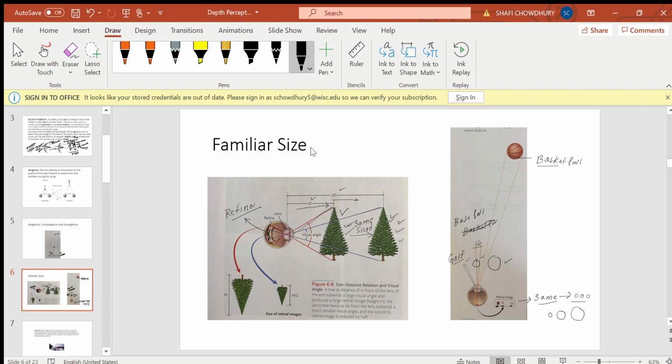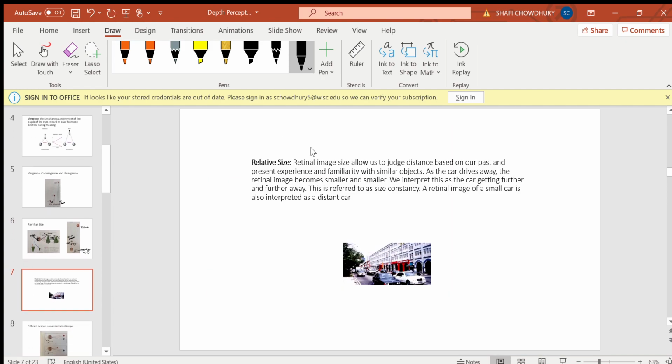So that's how the familiar size of things also plays an important role in giving you depth perception. So again, relative size: every day in our life we depend on this strong retinal image cue a lot, right?